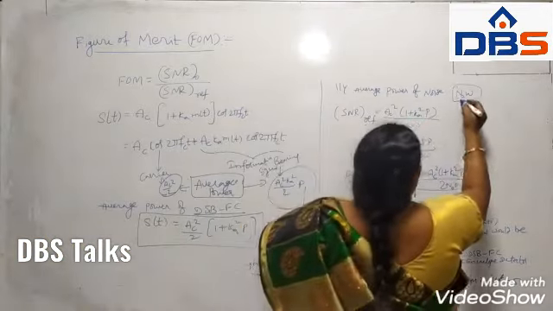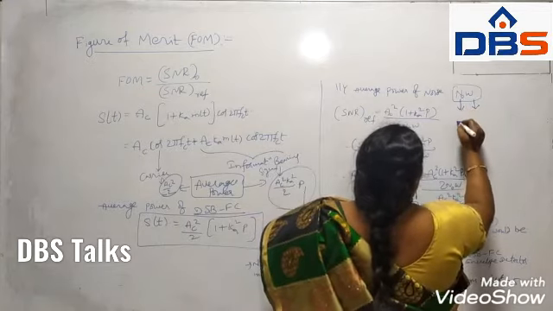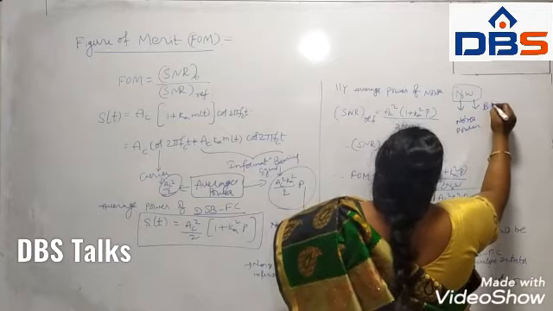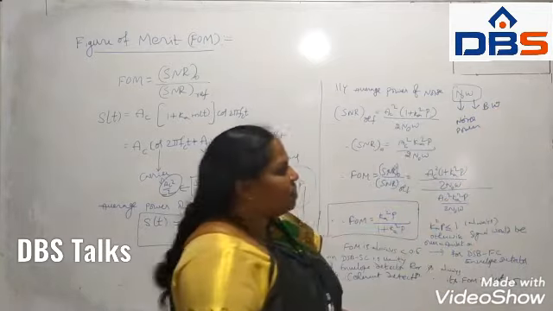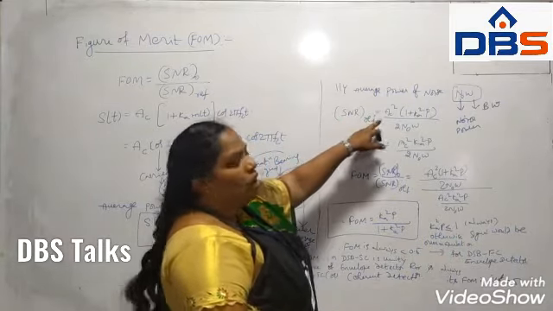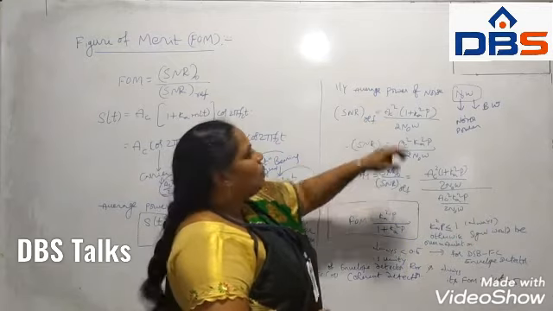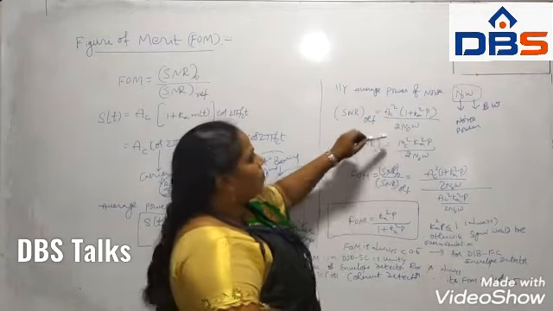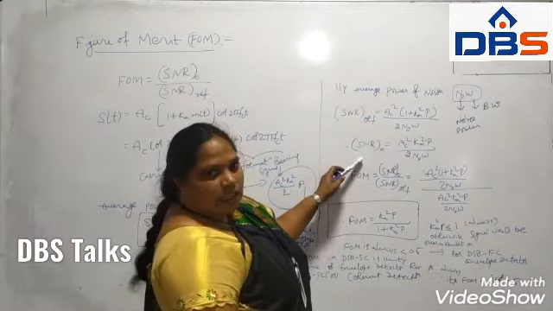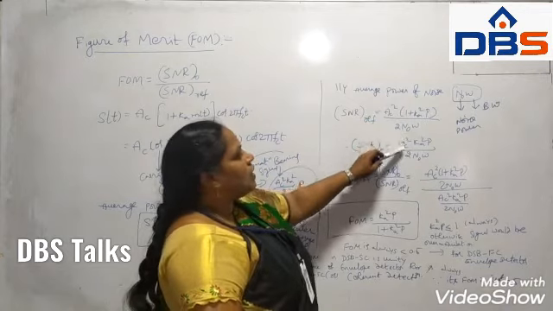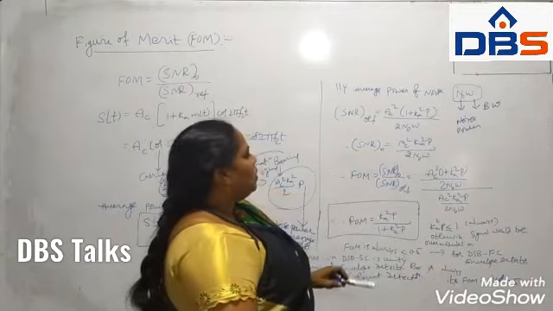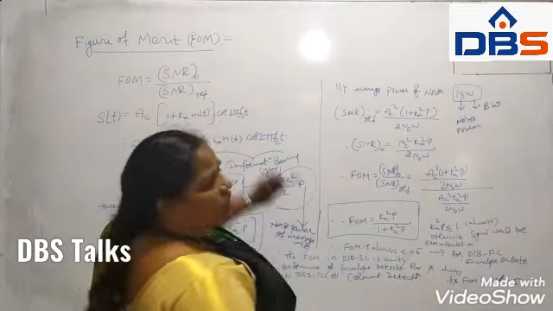We already defined this in the previous class. This is the average noise power and this is the bandwidth of the transmission signal. Next, the signal to noise ratio reference is equal to AC square into 1 plus Ka square into P by 2 N naught W. Likewise, the signal to noise ratio output is equal to AC square Ka square into P by 2 N naught W. So now we define the figure of merit.